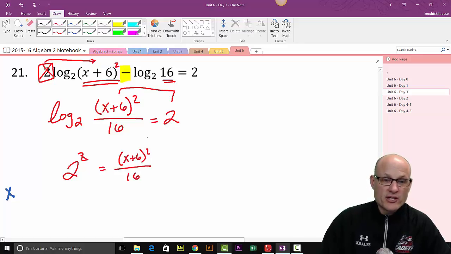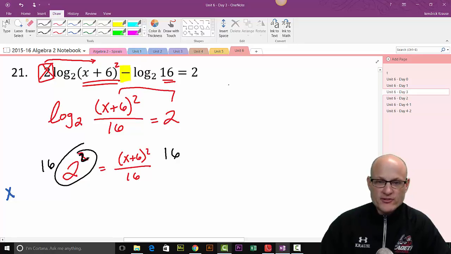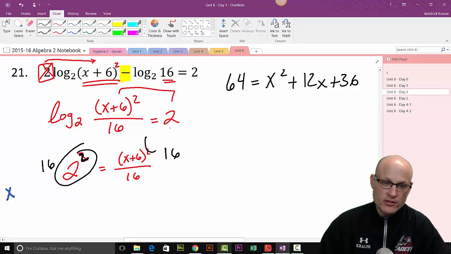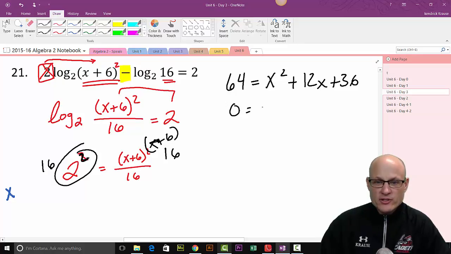Now, I'm going to multiply both sides by 16 to get rid of that thing. And this is really 4, that's a squared, by the way. So I get 16 times 4 is 64 is equal to, and I'm going to expand this out, x squared plus 12x plus 36. That's this thing double distributed or foiled. So I get 0 is equal to x squared plus 12x minus, holy crap, 28.